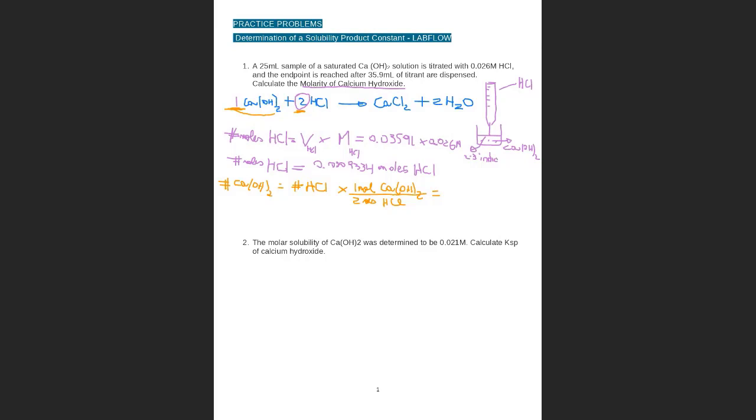We can say the same as was just said, you just divide it by 2. That's another way. I just wanted to show you the molar ratio in case you have a different equation. So our number of moles of calcium hydroxide is going to be this number that we calculated before, 0.000933 divided by 2.